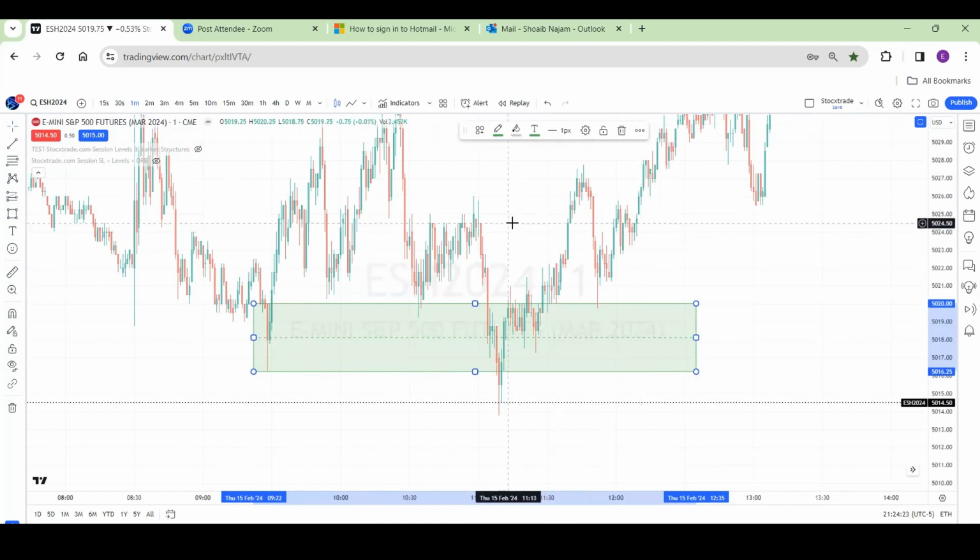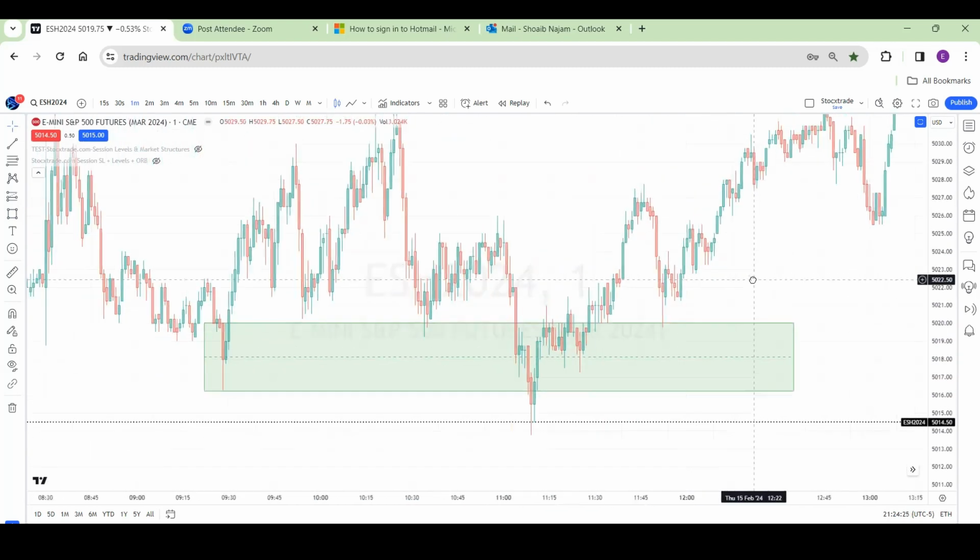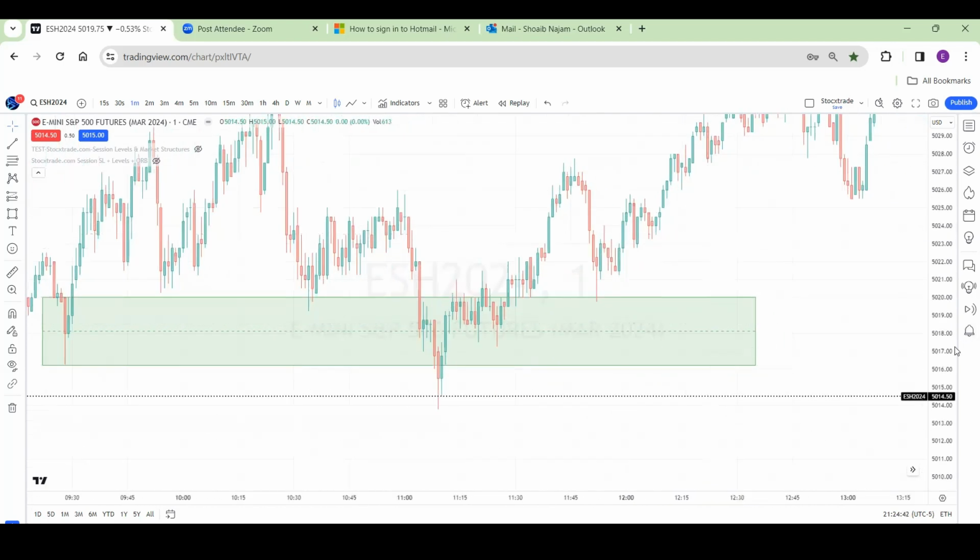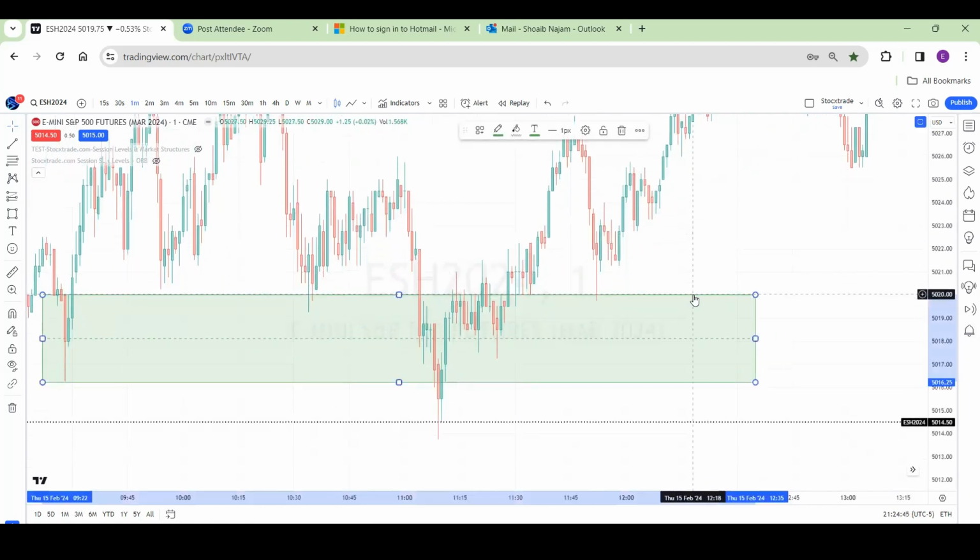So that's what I'm asking you. Even if the extended breaker block is mitigated, it is still valid, is it? Yes, and that's why I say it is more powerful compared to the normal demand zone. And if it had been mitigated a second time, can I still use it a second time? No, Parul bhai, because in that case, what will happen? Suppose this is the extended breaker block. Okay.